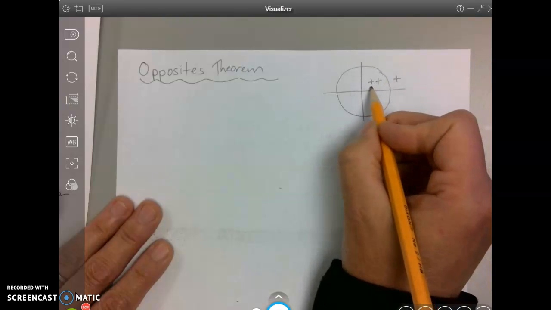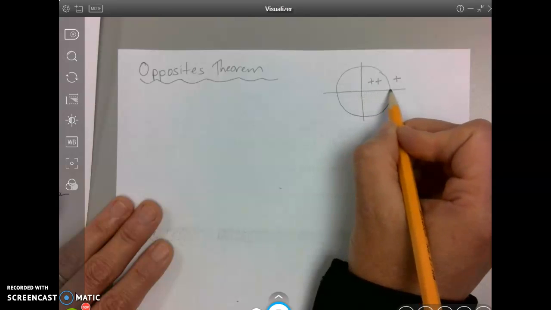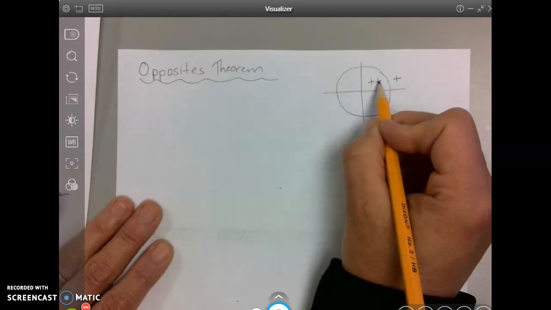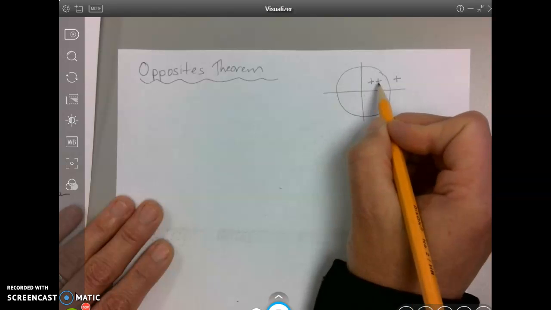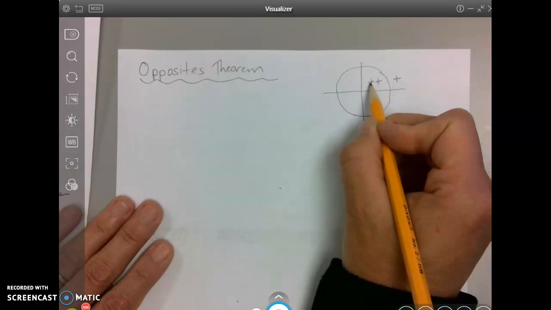This is simply looking at the x-axis is positive, the y-axis is positive. So it's the plus plus quadrant. And when I'm looking at my trig identities, this is cosine, this is sine, and this would be tangent, because tangent is sine over cosine.